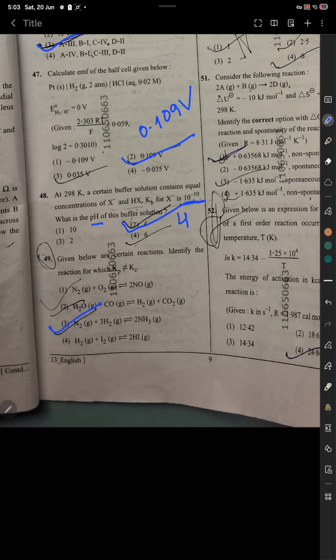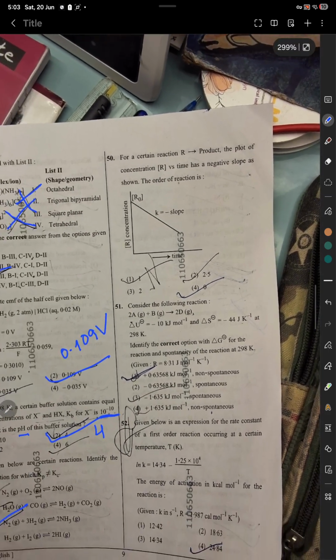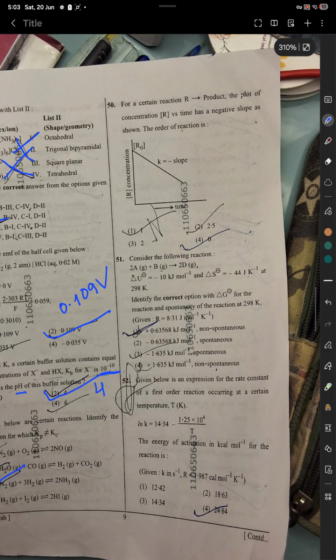So option number 3 is your correct answer. Question number 50, for a certain reaction R to product, the plot of concentration of R versus T has a negative slope as shown. The order of reaction is option 4, 0. So let's move to next question.